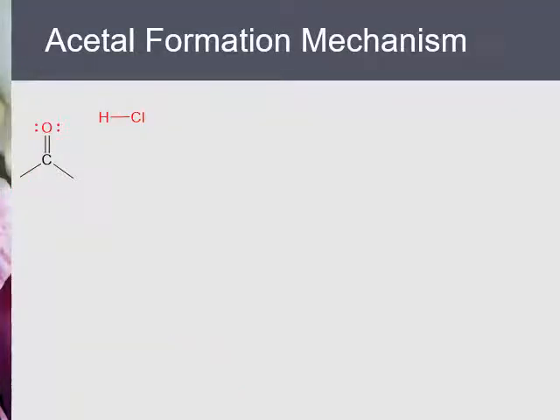Let's go over the whole mechanism. Since neutral nucleophiles are too weak to attack, ketones and aldehydes need to be protonated first. So first step, protonation of the ketone or aldehyde to form a protonated ketone or aldehyde. The carbonyl carbon becomes activated.